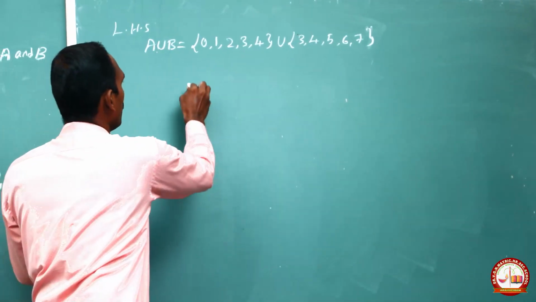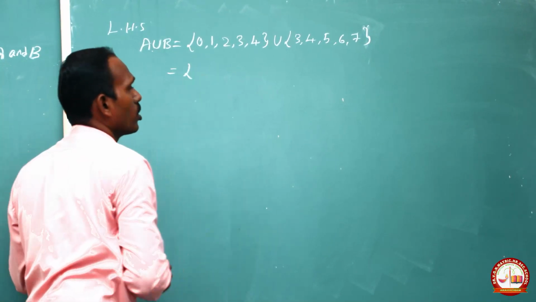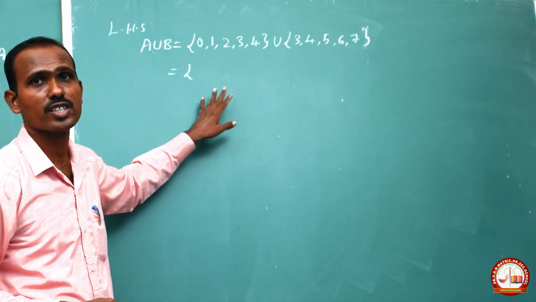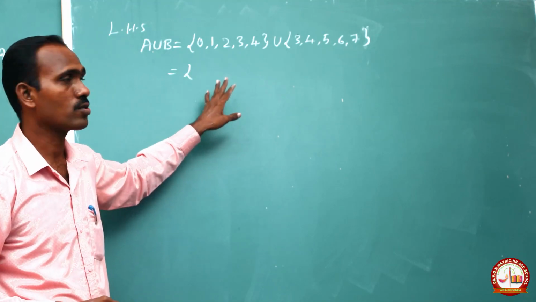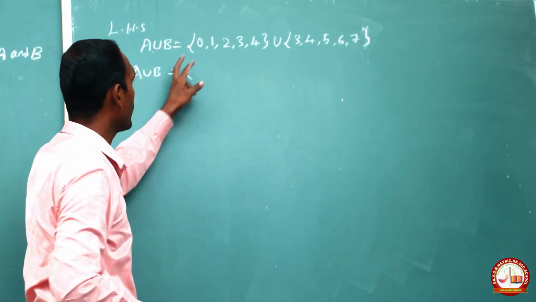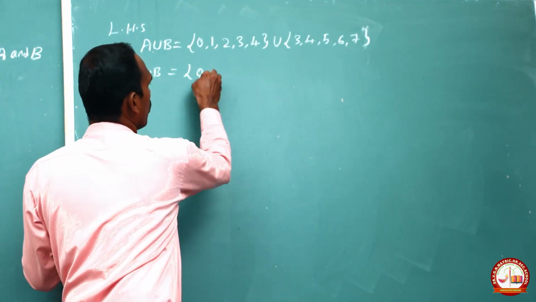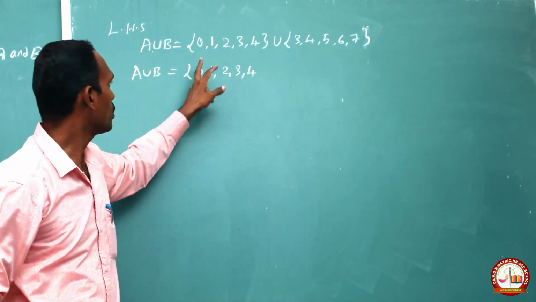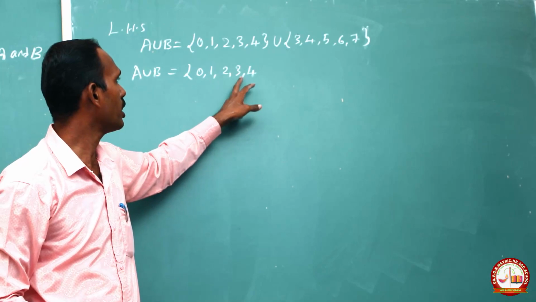Okay, I already told what A union B is. A union B means we have to write all the elements, but with only one condition: don't write the repeated elements. So A union B equals, first we write the A set of elements: 0, 1, 2, 3, 4.